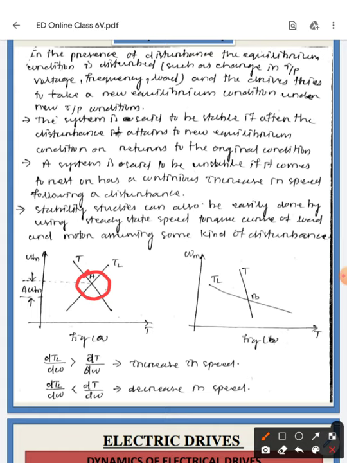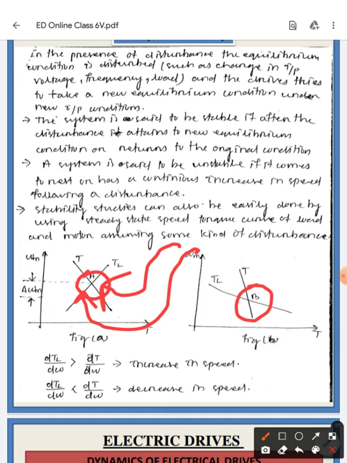In steady state stability, after the disturbance, if the system is again returning to this stable point, then that type of system is called a stable system. After disturbance, if the system is not coming to its original position, but is coming to a new equilibrium point, then that type of system is called an unstable system.